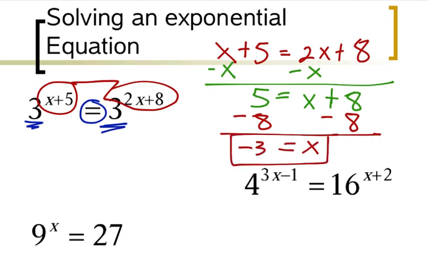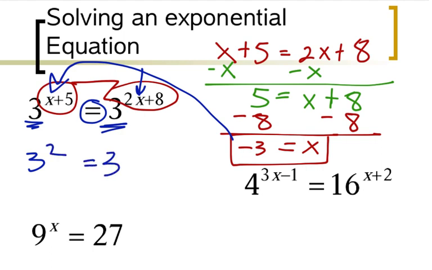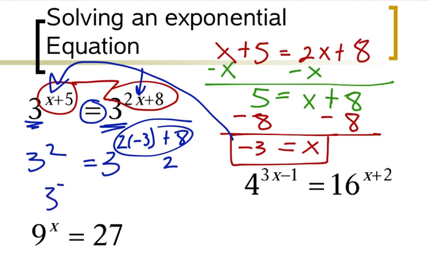We can check that answer by putting my negative 3 in for x in both sides, and I'll end up with 3 to the negative 3 plus 5, which is 2, equals 3 to the 2 times negative 3 plus 8, and this will give us 2 as well, because it's negative 6 plus 8, which is 3 squared, and 3 squared does in fact equal 3 squared. So it checks out. The answer for the first one is x equals negative 3.